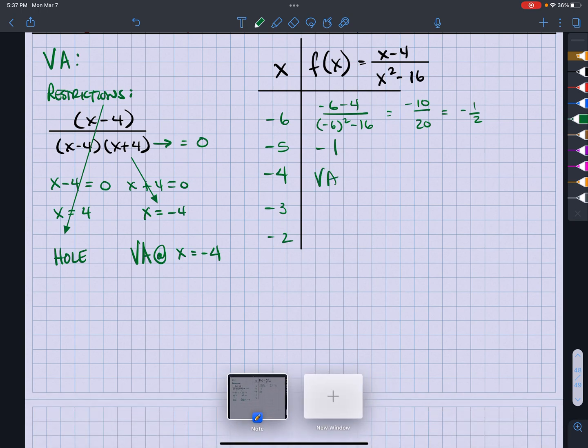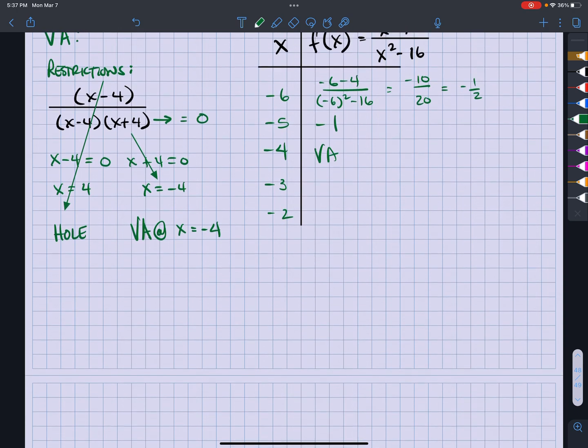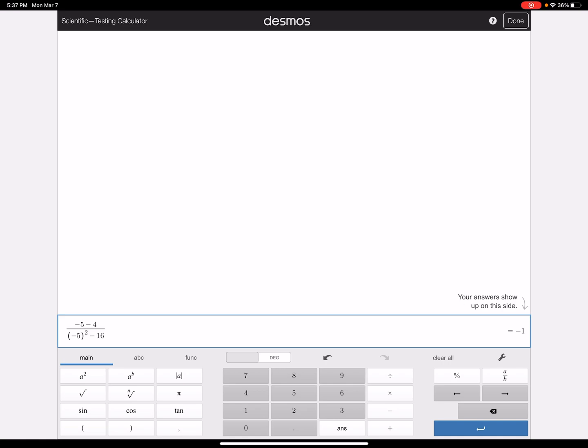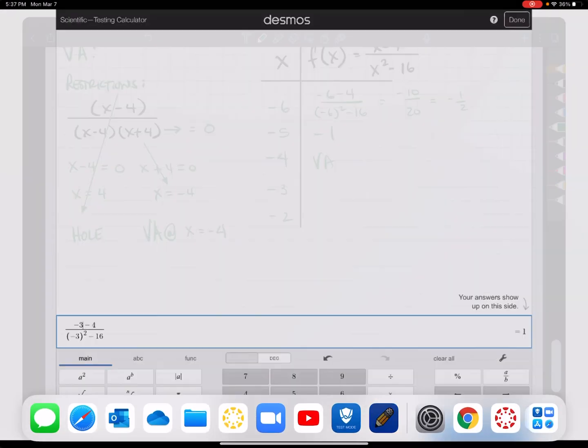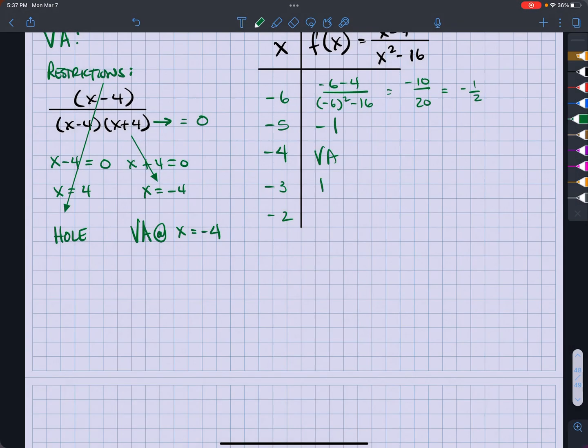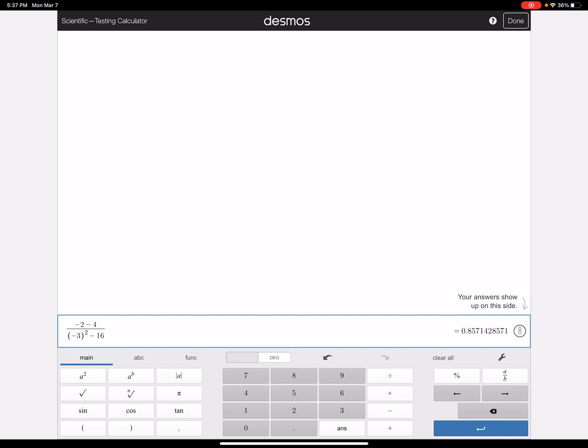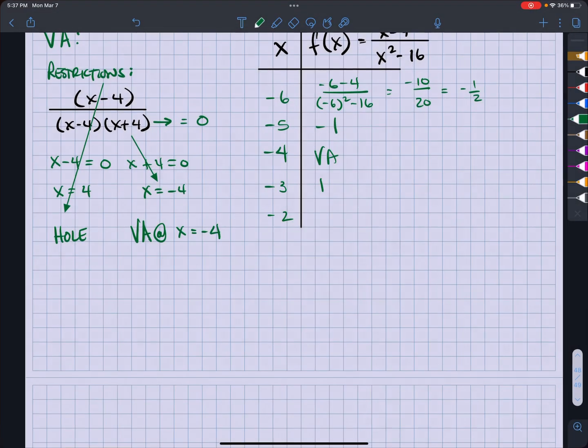And at negative 3, that gives me 1. And let's take a look at negative 2, which gives you 0.5.